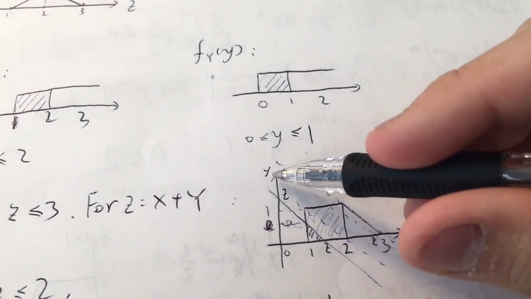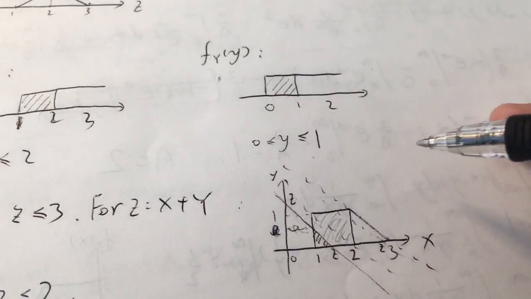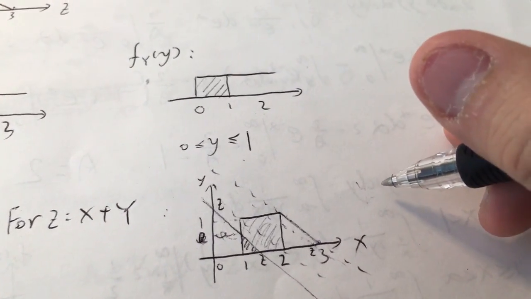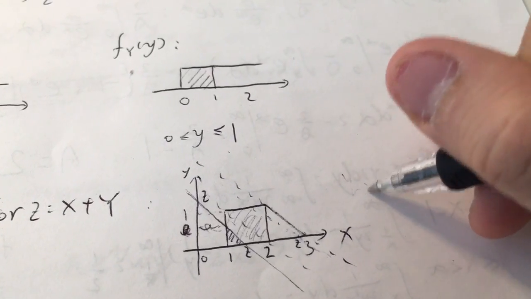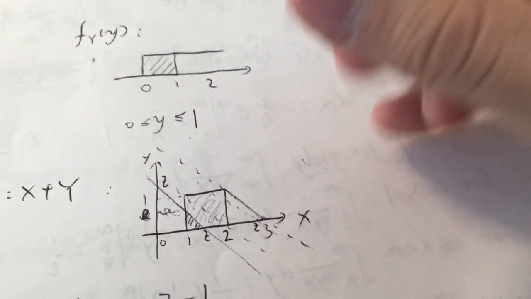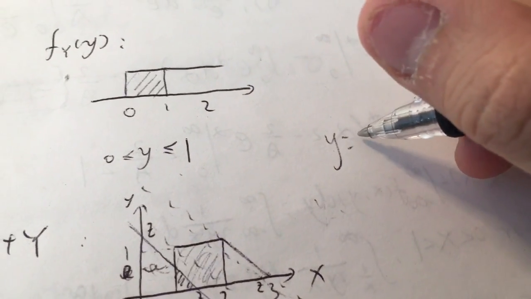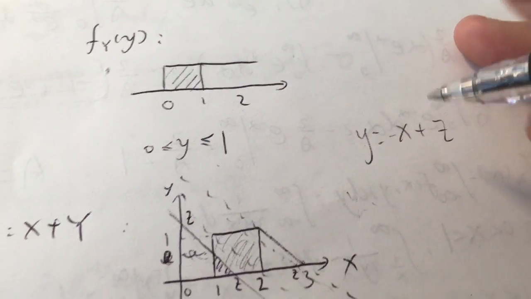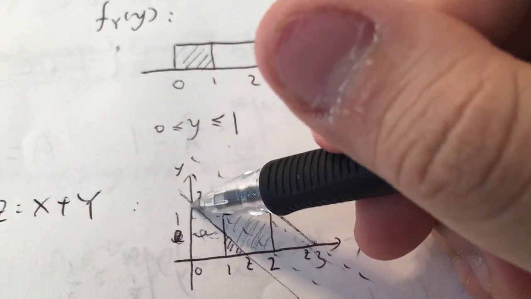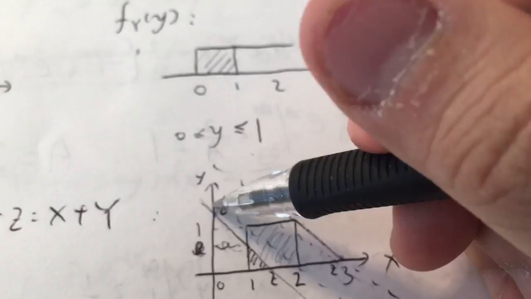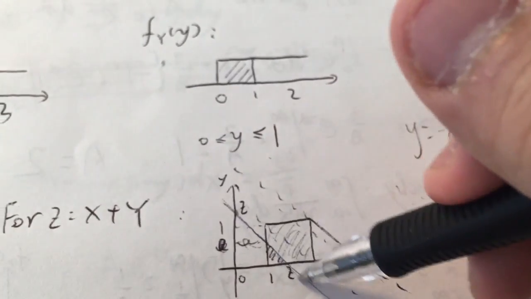Actually, in the x and y axes, y is equal to x, and y equals negative x plus z. So it should be like this. The intersect point should be z, and we got this.